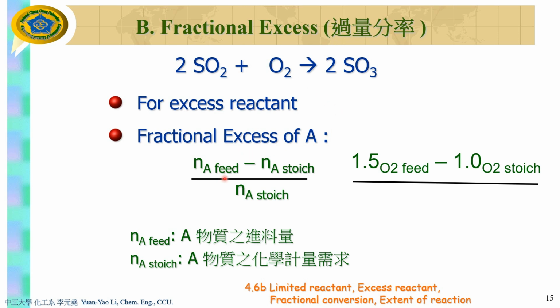If you have, say, oxygen as the excess reactant, and you have 1.5 moles of oxygen fed into this reaction, and this reaction consumes, for example, 2 moles and 1 mole, right? So this is the stoichiometric ratio, and you consume 1.0 oxygen, and then divide by 1.0. So this is the fractional excess.